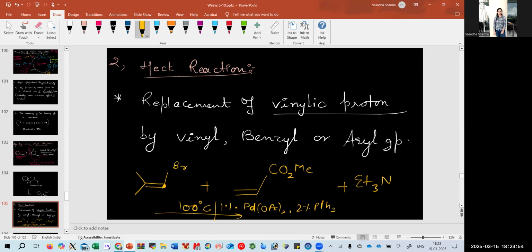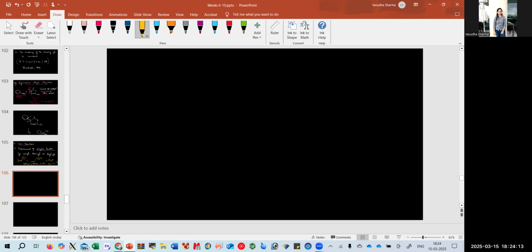What you end up having, you will make a bond between this and this position, because this is the one which is going to go out, and you will end up having CO2Me. Let's check the Heck reaction mechanism.